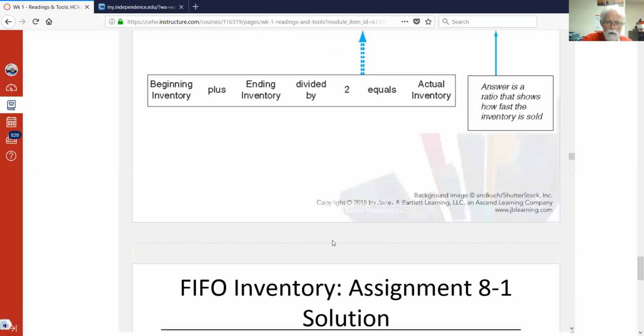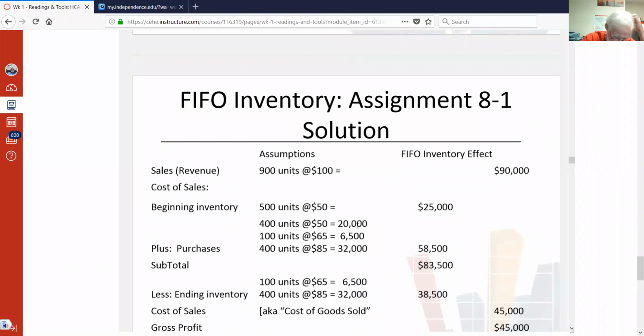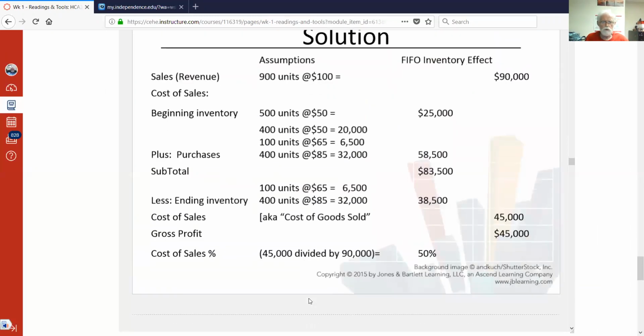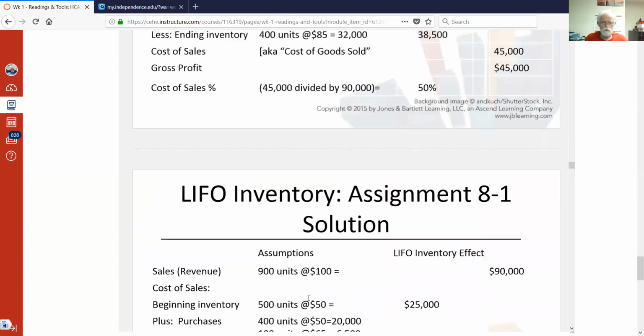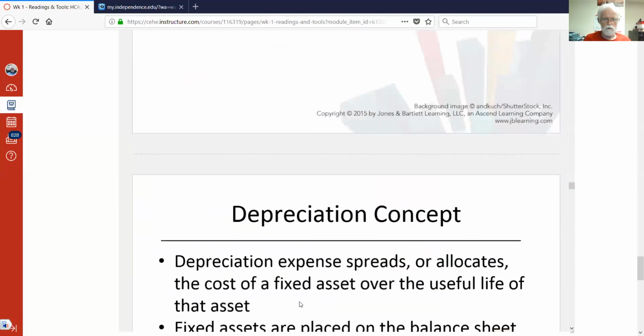Basically that's a ratio that shows how fast inventory is sold. There's another reason you want a high turnover, and that's because storing inventory is expensive. You have to have space for it. Space is expensive. So there are some examples here of various things.